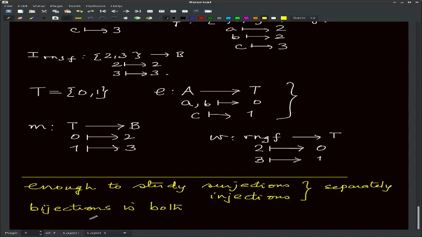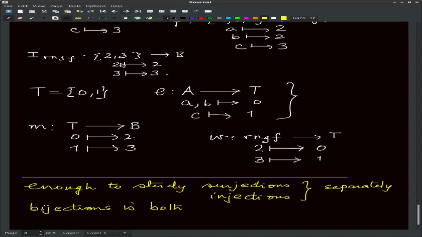So every function is in part surjective and in part injective. It's going to be a mixture of properties of surjections and properties of injections. And this is where we are going to enter next time.